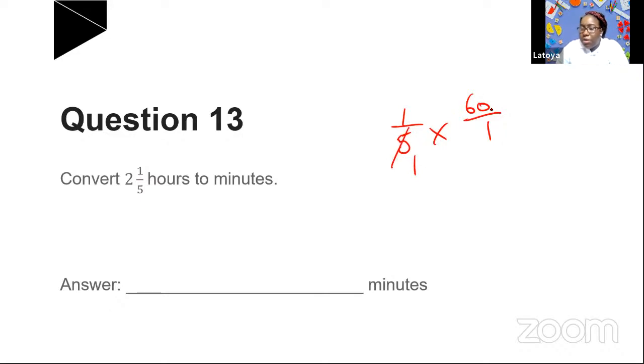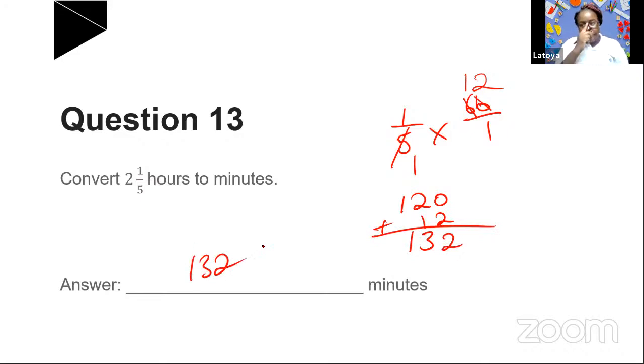I know how much times 5 can go into 60, but I'm going to do this slower, okay? 5 into 6 is 1 with a remainder of 1, and 5 into 10 is 2. 1 times 12 is 12. So we have 120 plus 12. And we are saying here, we're going to get 132 minutes. Very easy question, isn't it? You all agreeing with me? Y'all try and get to the final answer before me, yeah?